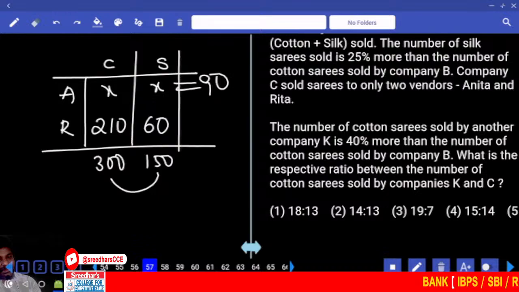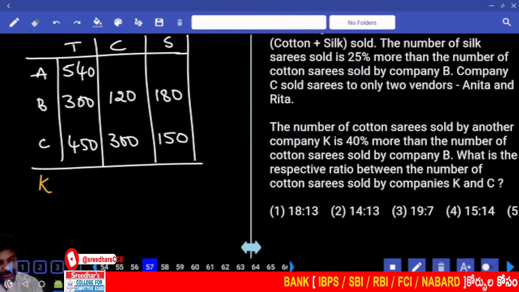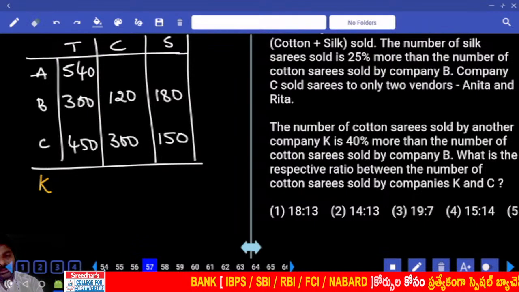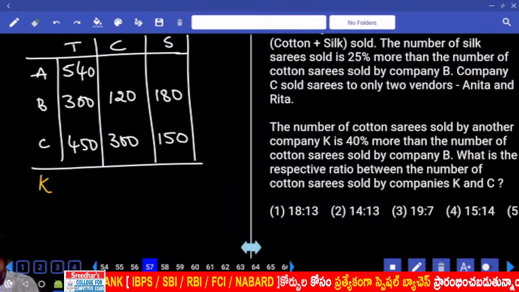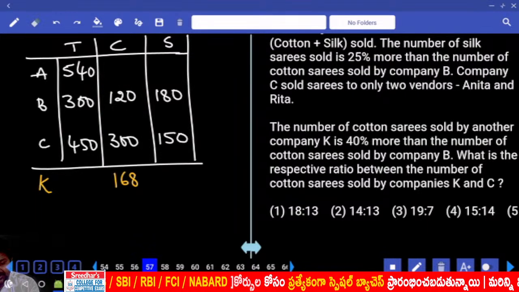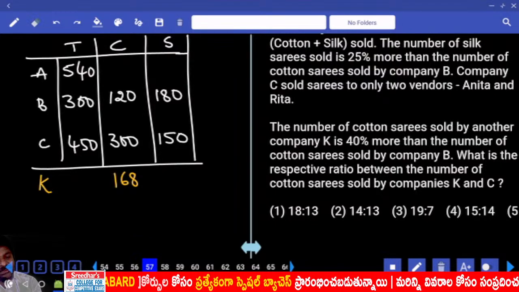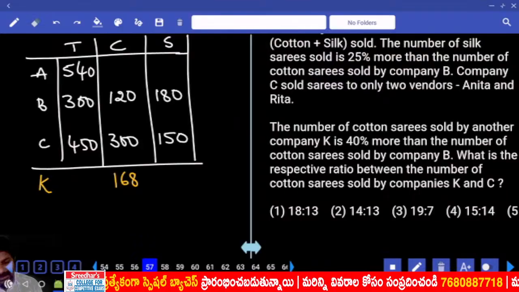Number of cotton sarees sold by another company K is 40% more than number of cotton sarees sold by B. Cotton by B 120, 40%, 48 more, 168. What is the respective ratio between number of cotton sarees sold by company K and C?